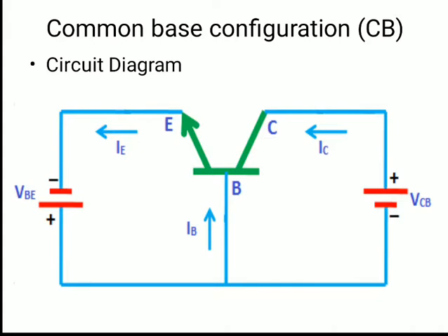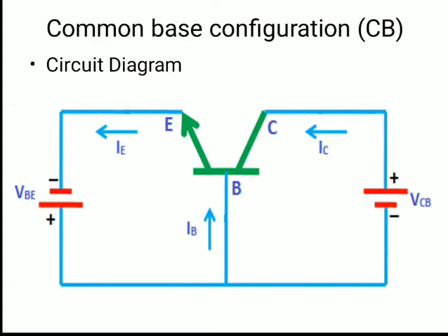Let's say it will be 5 or 10 or 15, whatever. So suppose we have arranged VCB at 5 volts, right? Then we will increase the VBE and we will take the reading of this IE, right? So that means we will get the relation between VBE and IE.